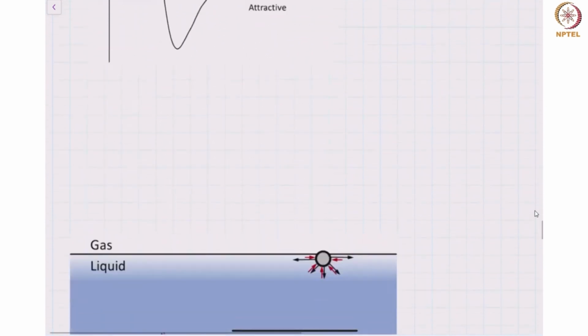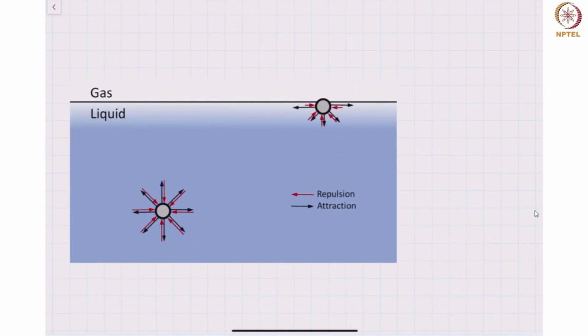So therefore, I can now extend this to a drawing that I saw in Marchand et al. I gave the reference at the top of this lecture. Let's consider a liquid gas interface. One could also think about a liquid vapor interface. Let's consider the situation in the bulk. If you have a molecule in the bulk, the attraction forces are shown in black arrows, and the molecule is being pulled equally in all directions.